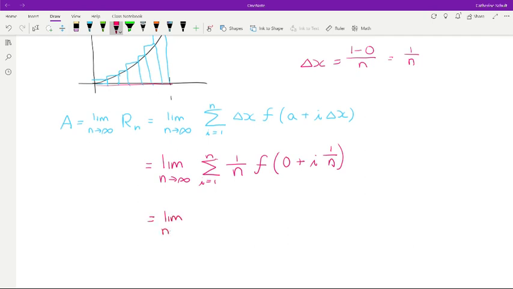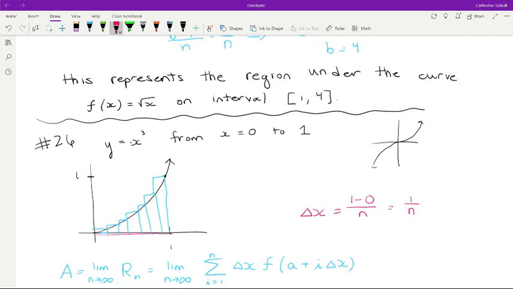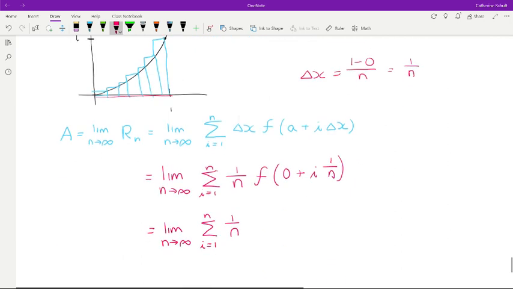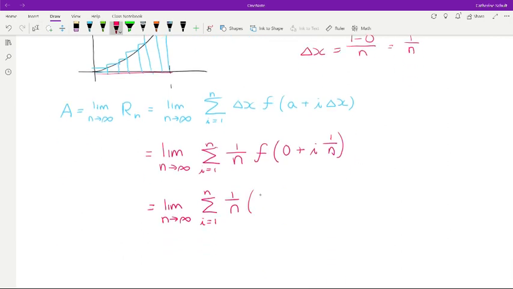So we have to evaluate this limit. Our input is essentially i over n, and our function is cubing the input, so x cubed. So we're going to be looking at i over n cubed.